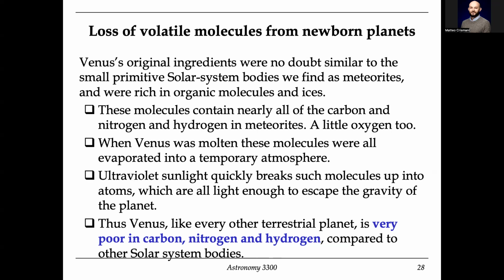O can do that, but it's hard. So when you look at something like Venus or the Earth, it's actually poor in carbon, nitrogen, and hydrogen compared to the meteorites that we look at, and in particular compared to the sun, from which we're made.